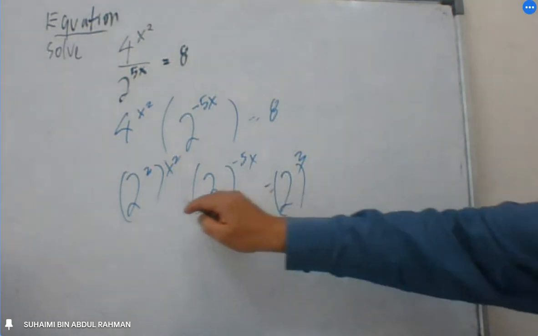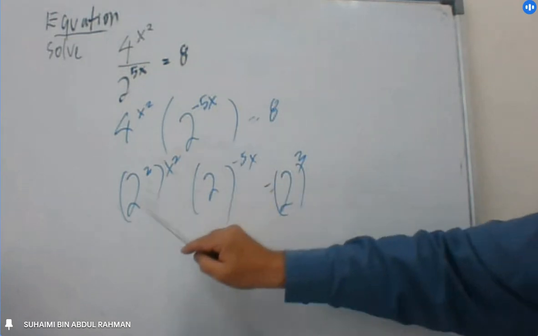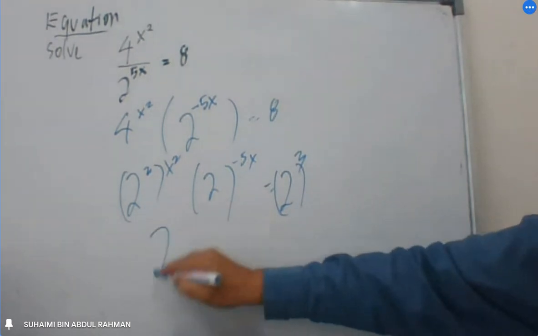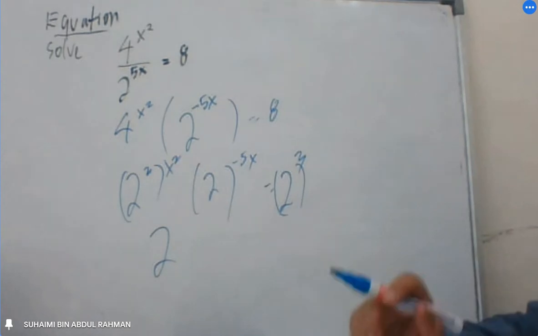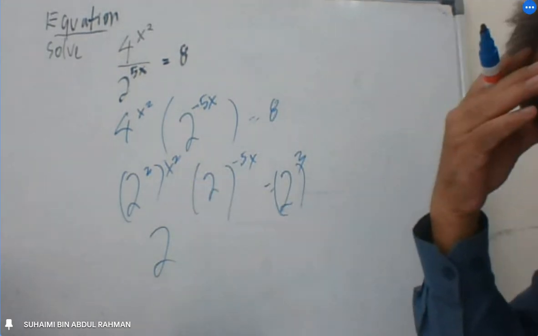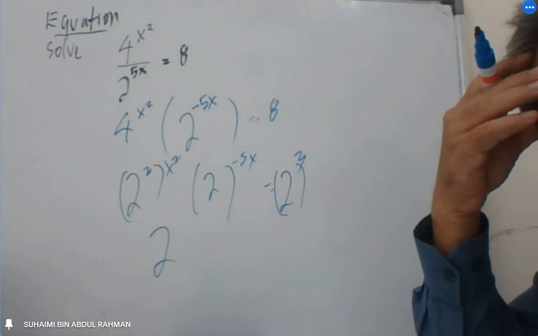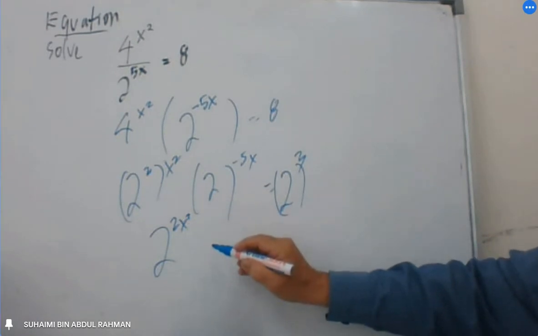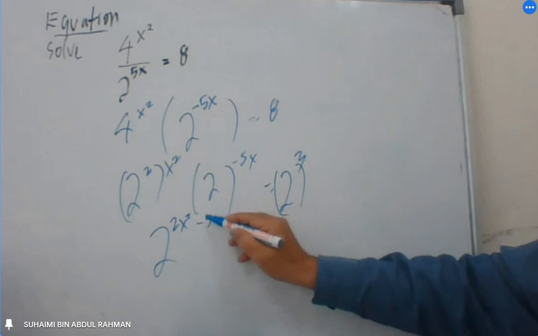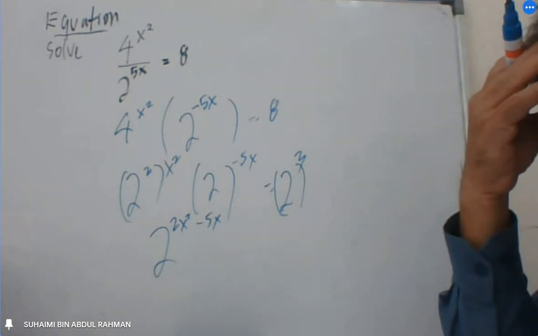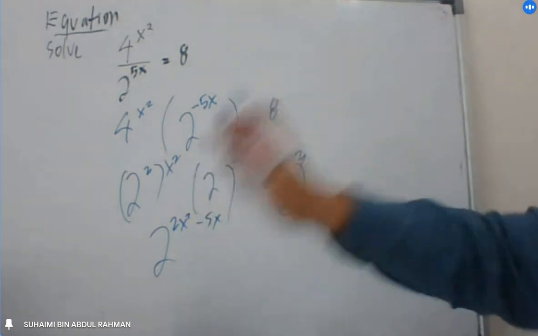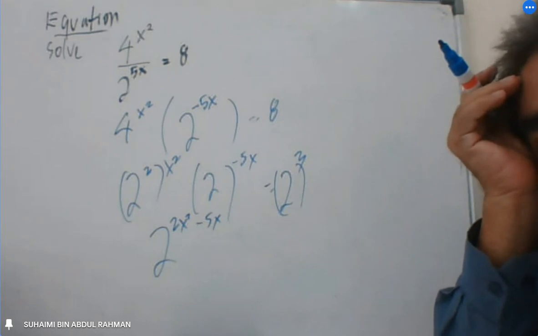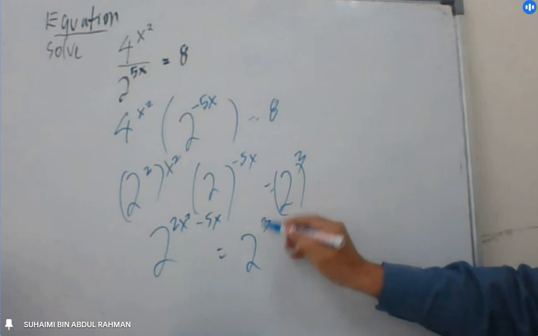On the left hand side, because it's the same base, we can put 2 as a common base. Here, what is this? 2x squared, plus minus 5x, so minus 5x, equal to 2 to the power of 3.